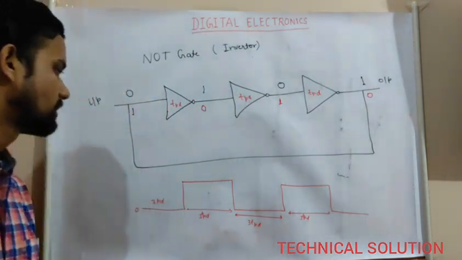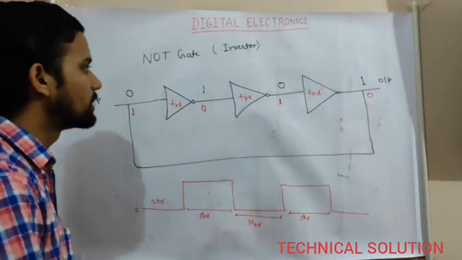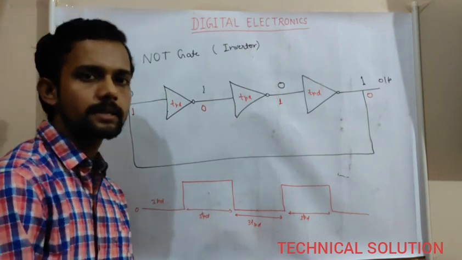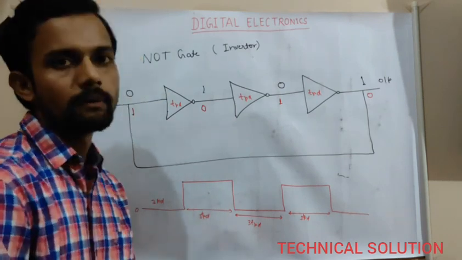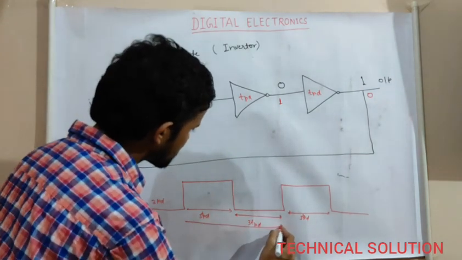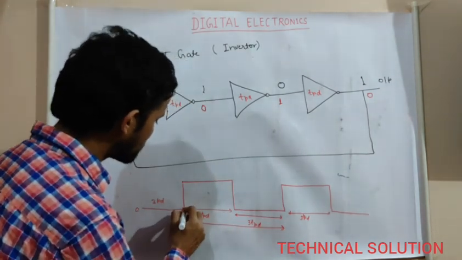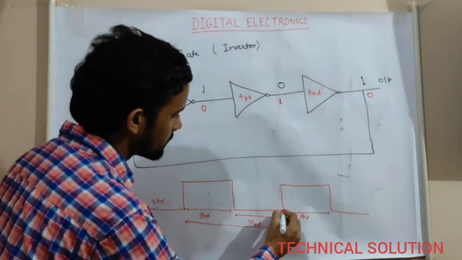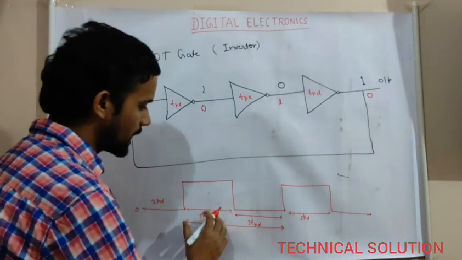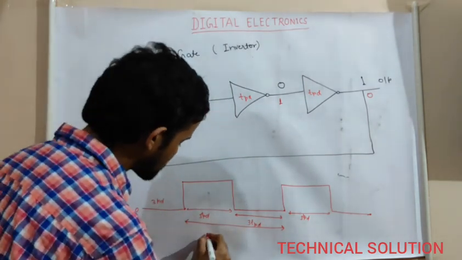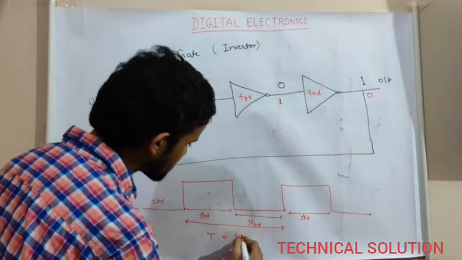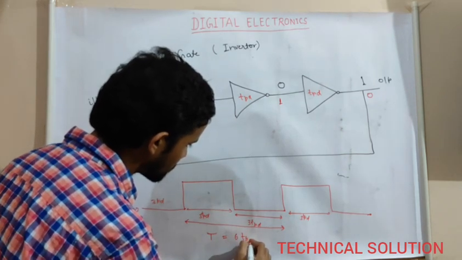Then what is the time period of this circuit? As you know, time period is defined as the time taken by the waveform to cover one complete cycle. Therefore, the time period starts from here and ends here. Again, it starts from here and ends here. That is the time period. Then the total time period of this circuit is 6 TPD.